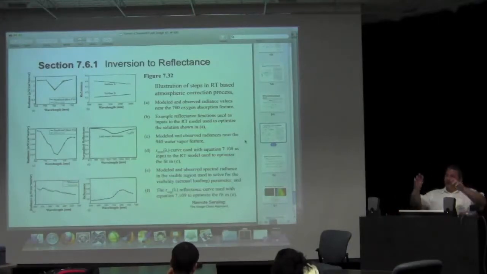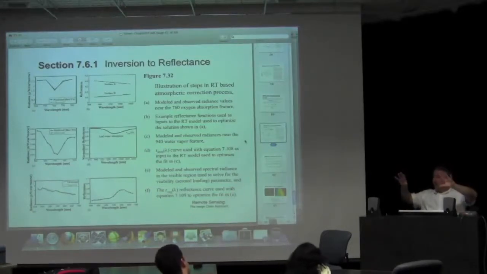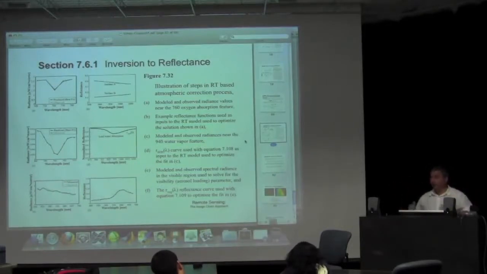So now, rather than just dialing one knob to get our atmosphere right, let's dial water vapor, get that as close as we can. Then let's dial aerosols, get that as close as we can. And between those two parameters, let's keep tweaking. That's a lot of runs to do, a lot of permutations of parameters. But eventually we get the best answer we can to our observed data.